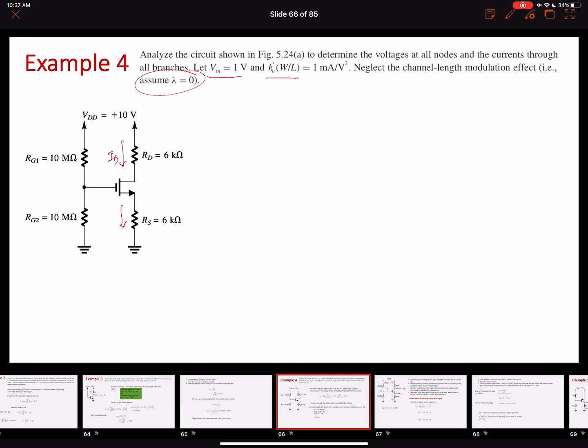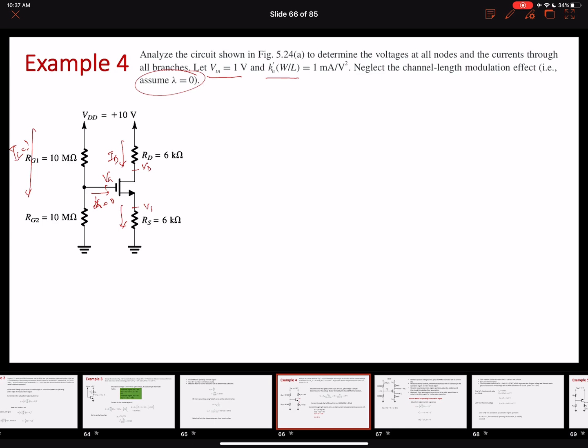I want to find the source voltage, the drain voltage, and the gate voltage. We know that the gate current is 0. I also want to find the current flowing in this branch, which we can call IL. So this is what we are trying to find in this example.